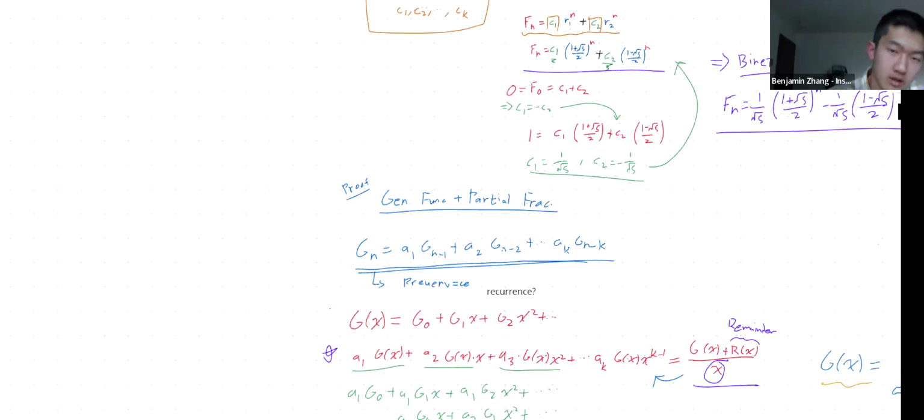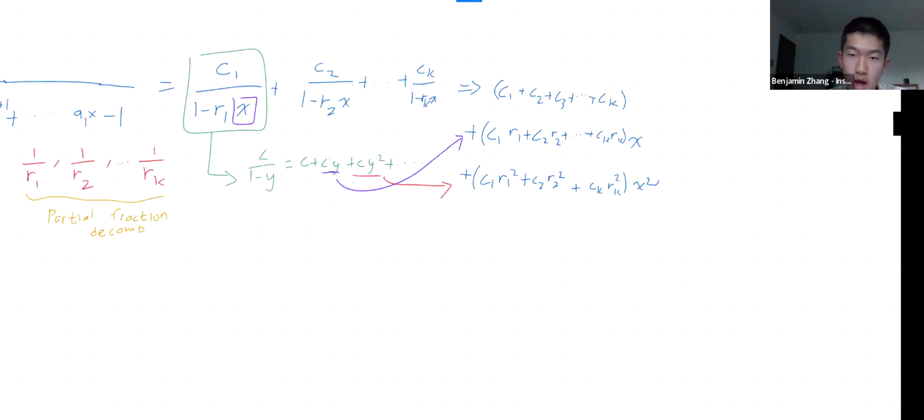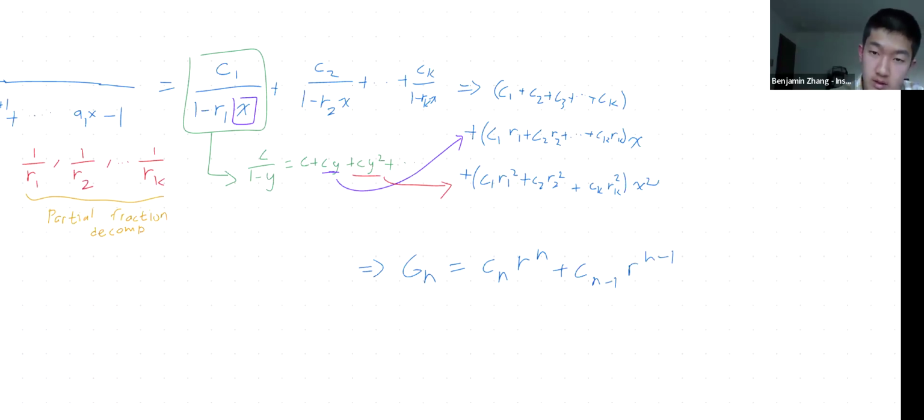And hence, if we compare these two coefficients, we can write g of n as C1 times r1 to the n plus C2 times r2 to the n, plus all the way to CK times rK to the n.